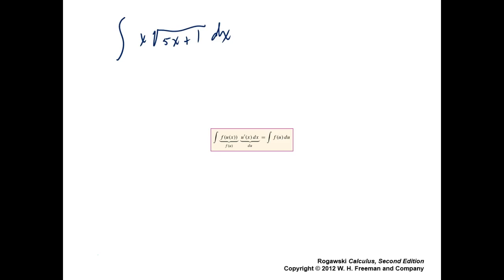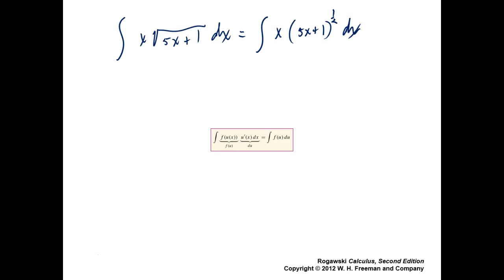Neither do I like to try to integrate something that has radical signs in it. I like to write that in exponential form as well. So let's do that first. That would be the integral of x times 5x plus 1 to the 1/2 power, dx. Okay, I like that much better.